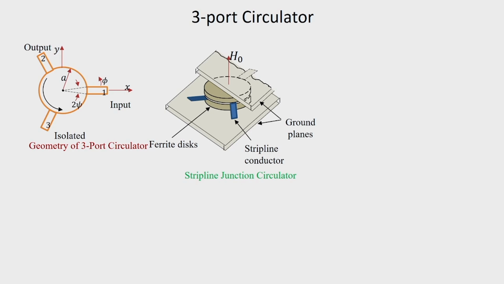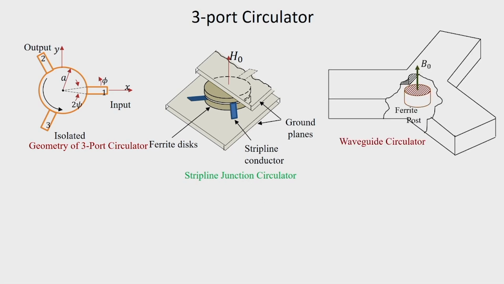Now, this type of 3-port circulator can be realized either in the form of a strip line junction in the form of a Y junction, or in the form of a waveguide circulator.